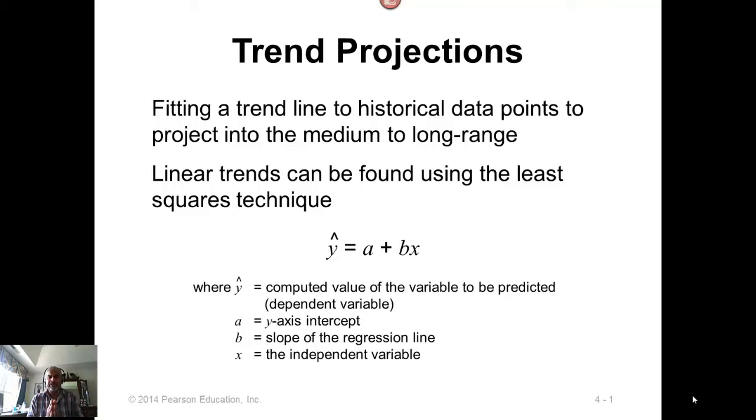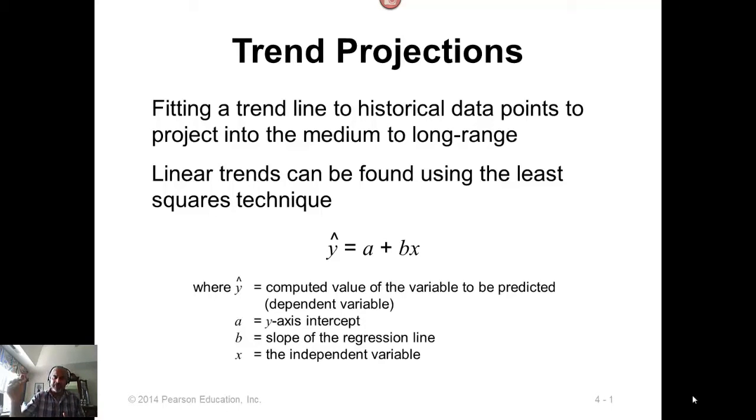The trend projection is to simply fit a straight line through the data, like a plus bx, a being the y-intercept, b being the slope, and you use time values for x.